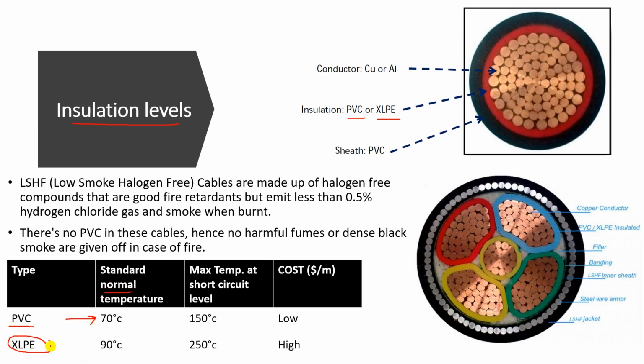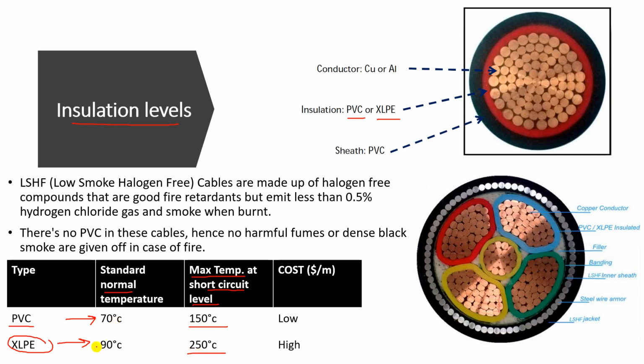However, the cross-linked polyethylene can withstand a higher temperature, up to 90 degrees. Also, for the maximum temperature during short circuit level, during a fault in our system with very huge amounts of currents, the PVC can withstand 150 degrees and the cross-linked polyethylene 250 degrees.